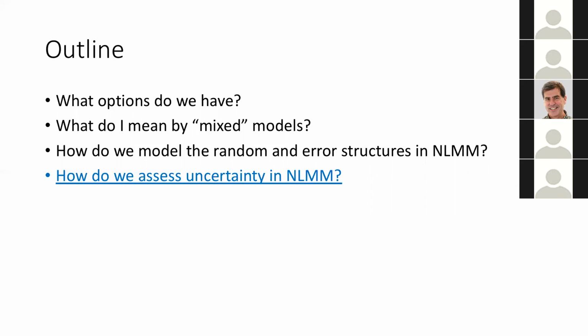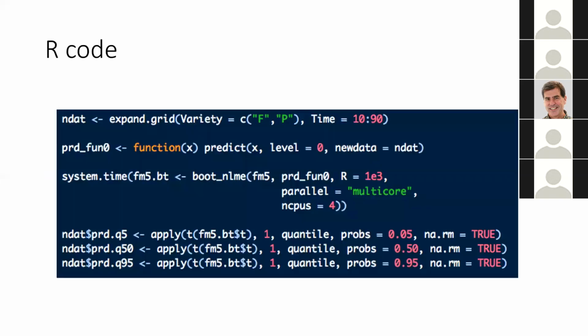How do we assess uncertainty in this type of models? You can look at different things, but for this purpose, I provide in my package, the NLRAA package, Nonlinear Regression Agricultural Applications, this boot NLME function, which can do bootstrapping of our models.